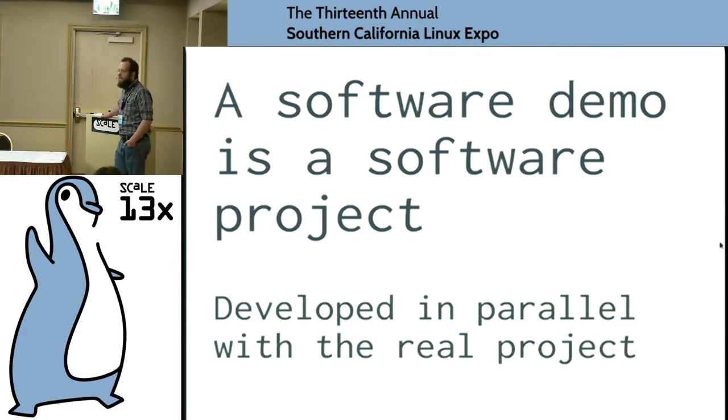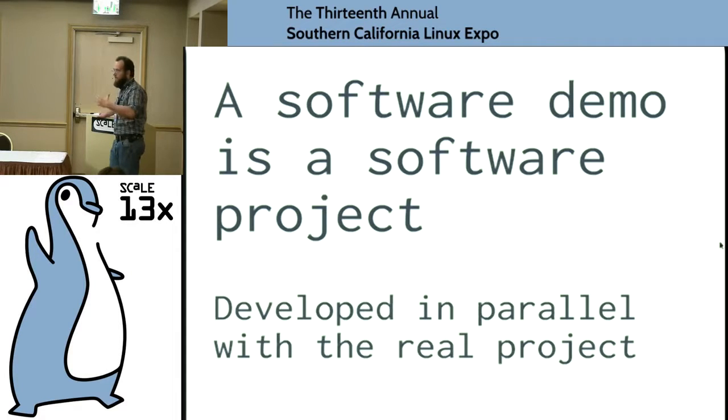Well, I think the way to approach it is to start treating a software demo as a software project. So you've got the people who are on the project, who are demoing, who are developing the original software, and then there's your project in parallel, which is the demo.